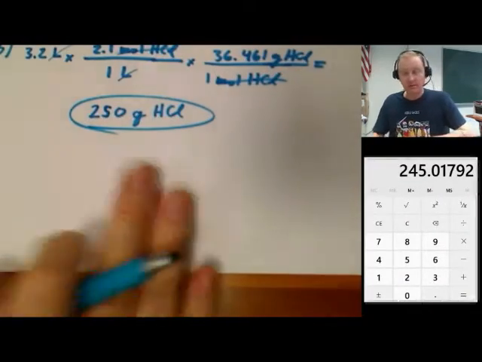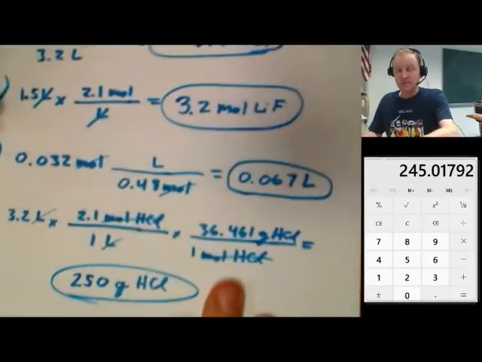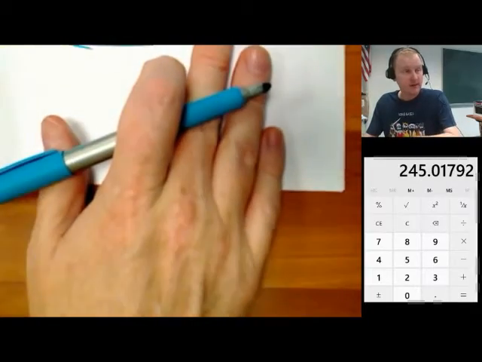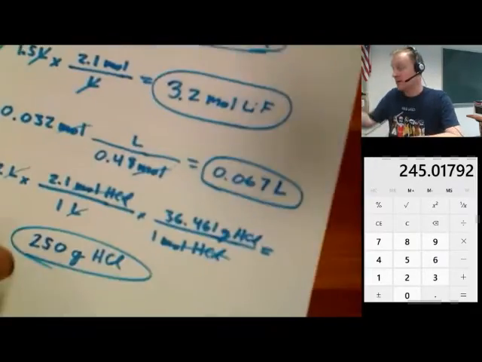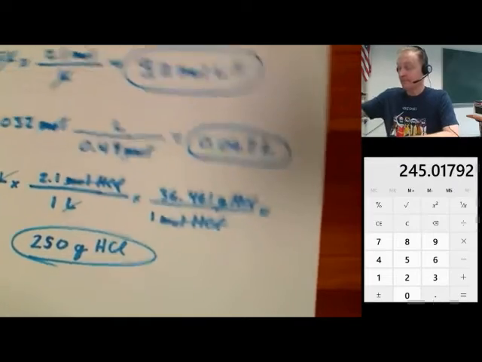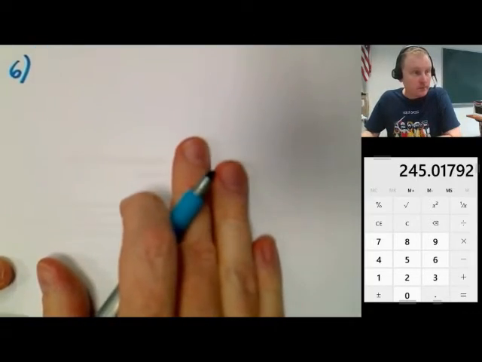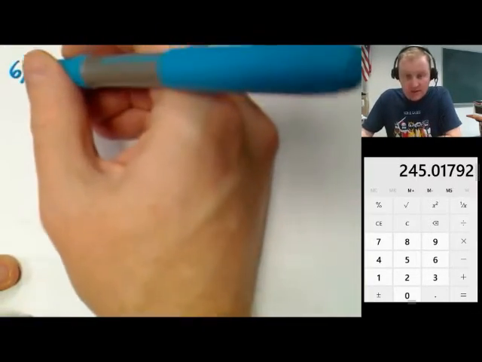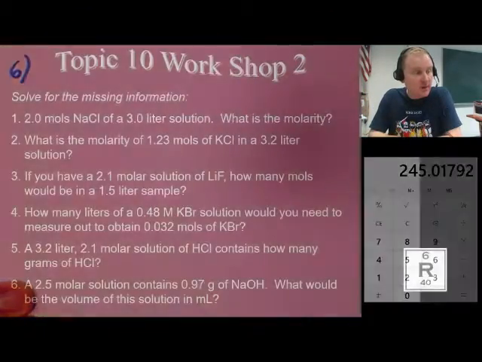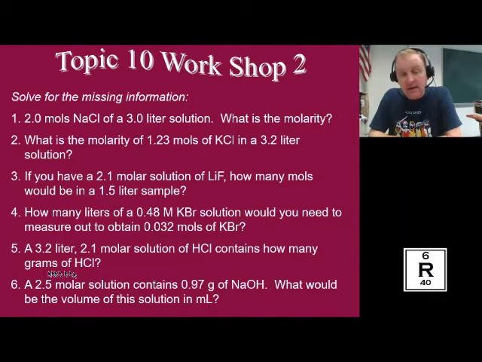And like I said before, I set this up using dimensional analysis. That's the way I like to do this one. So actually, let's just get another piece of paper here. All right, so number 6. So we're going to say we're starting off with, I know you might think, how do I start? I know molarity I think of as a conversion because it's moles per liter.